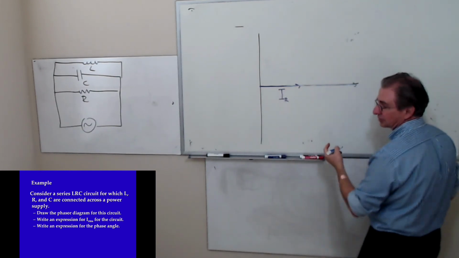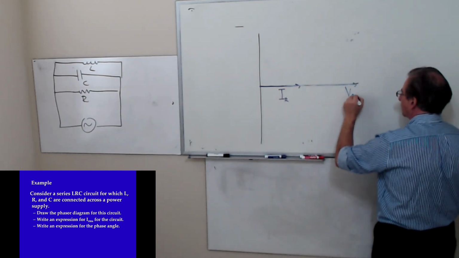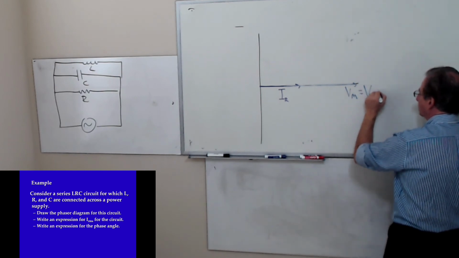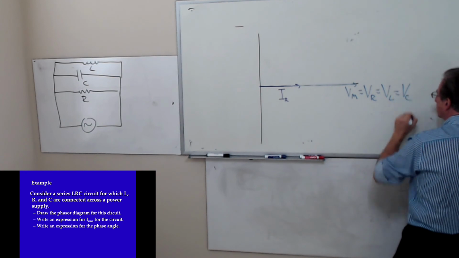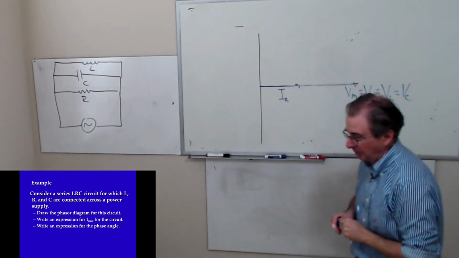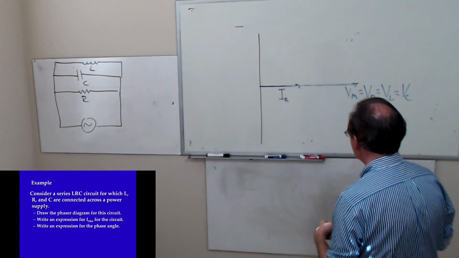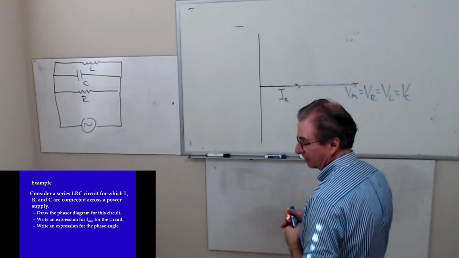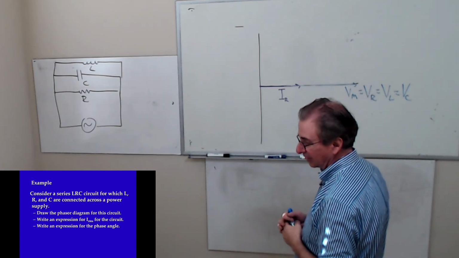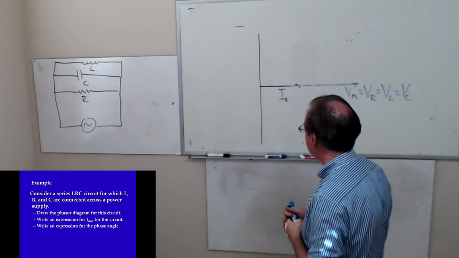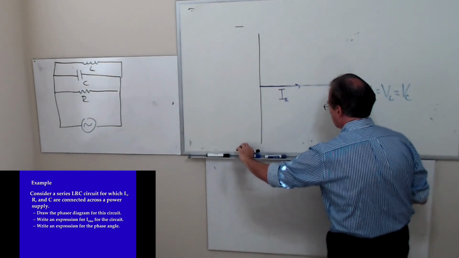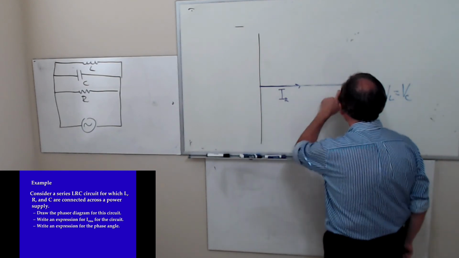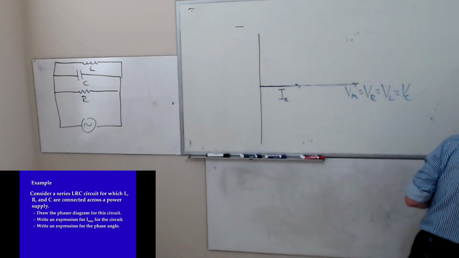Not only is this the power supply, but it's also the voltage across the resistor, the voltage across the inductor, and the voltage across the capacitor. They're parallel. But I know that the voltage across the capacitor lags the voltage across the power supply.